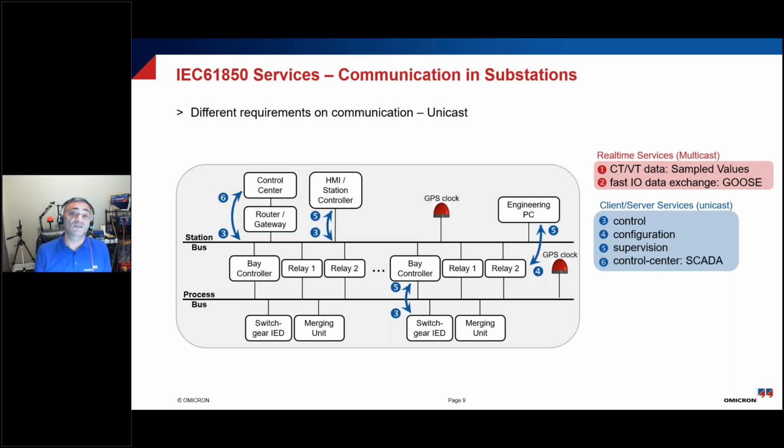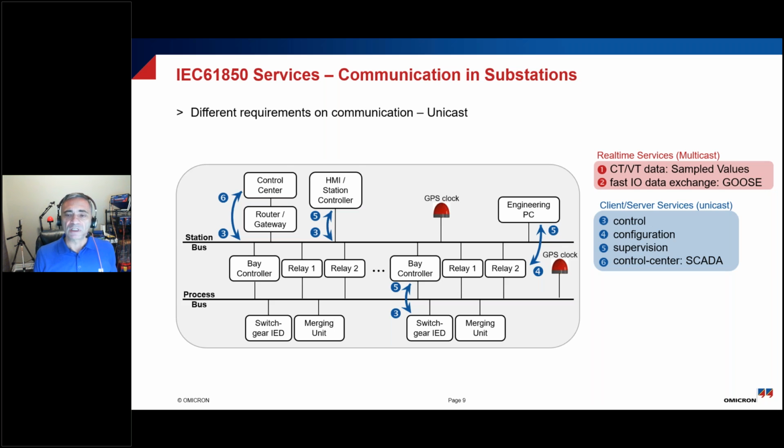Then you have client-server services, where a client device asks a server for information, and the server provides that information. That's more of a one-to-one exchange. So you have control information from an HMI to go down to control one of the devices in the field, and configuration information to change a device in the field from an engineering PC.